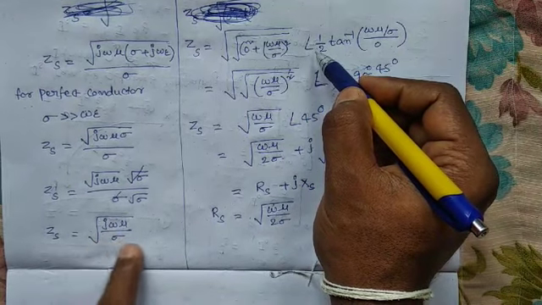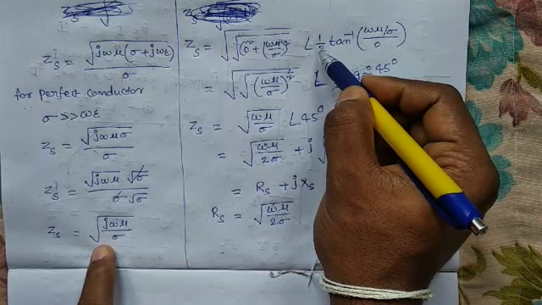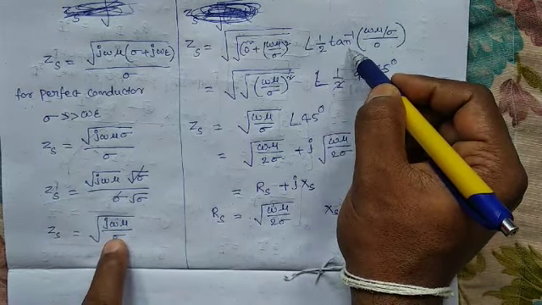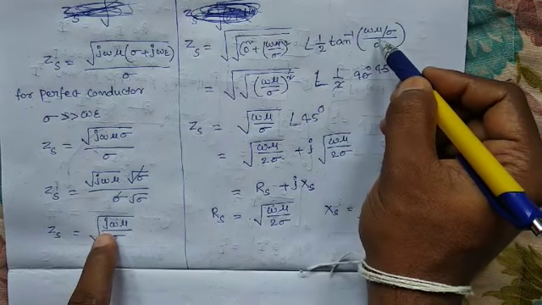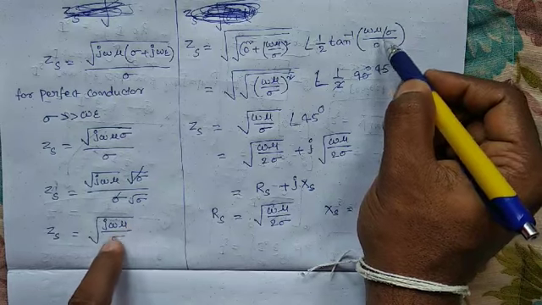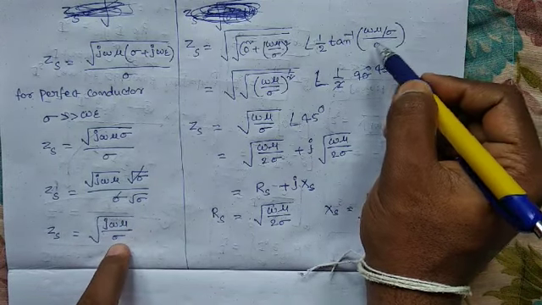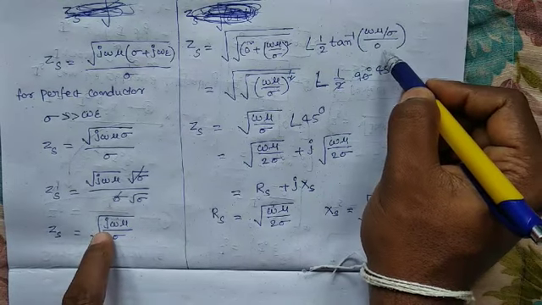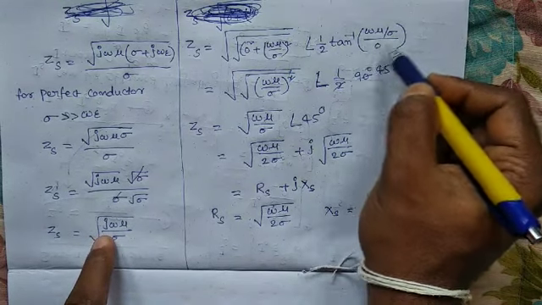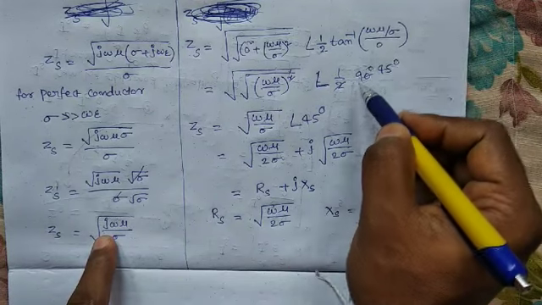Now the phase angle. Since there is a root, the angle is 1 by 2 tan inverse of imaginary part by real part. The imaginary part is omega mu by sigma and the real part is 0, so this is tan inverse infinity, which is 90 degrees.